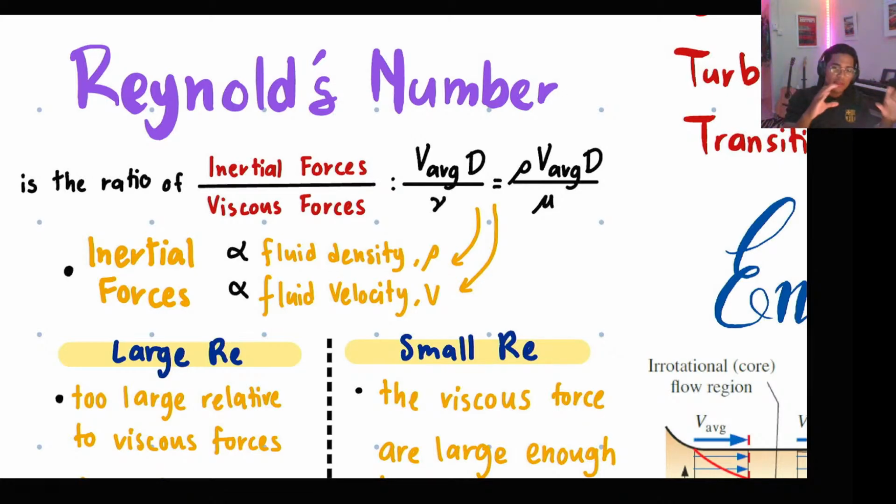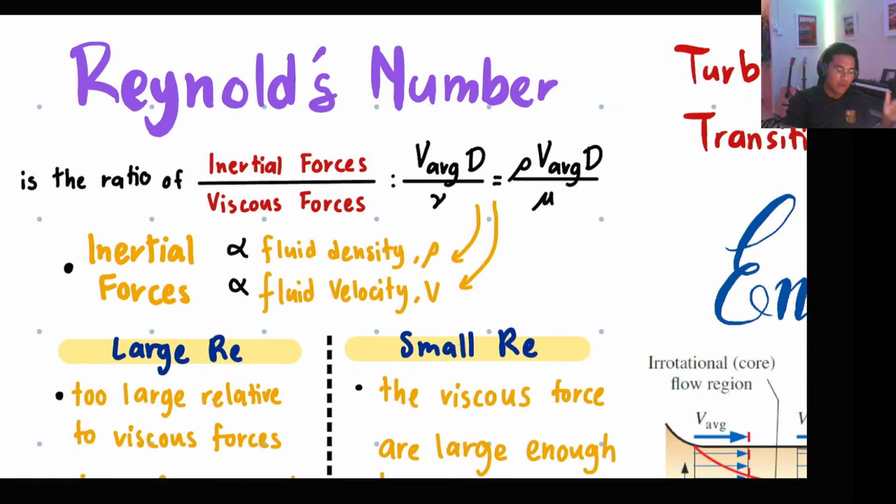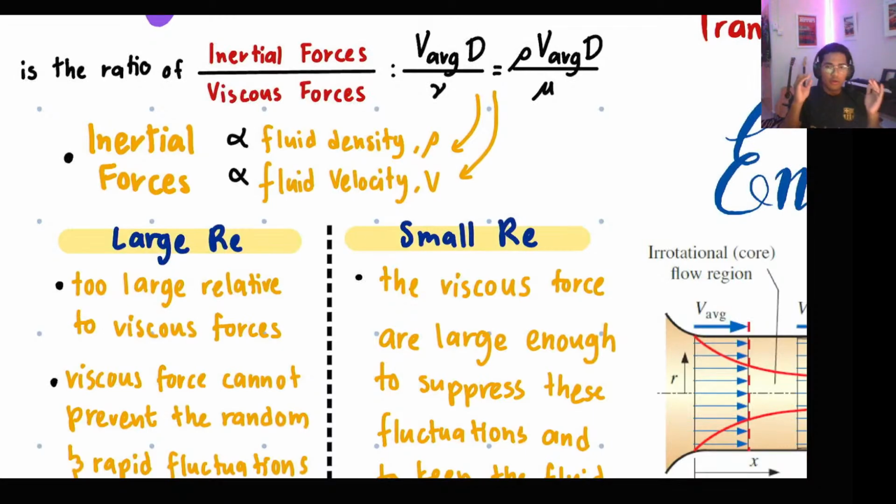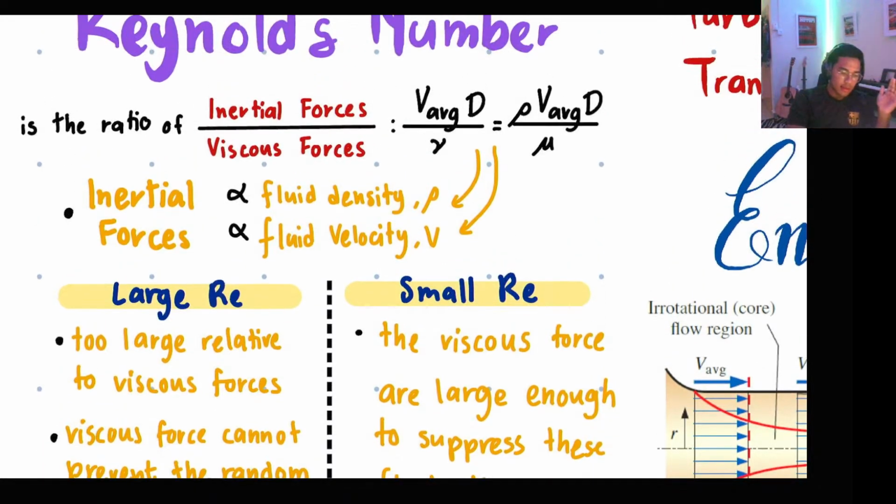So inertial forces is how the fluid moves and what makes it move. Viscous forces is the force that wants to limit that motion. So Reynolds number is a perfect dimensionless quantity for us to determine the ratio of both these forces.